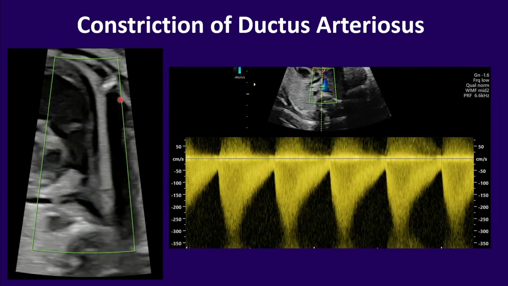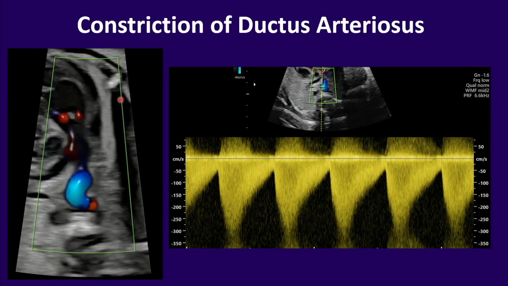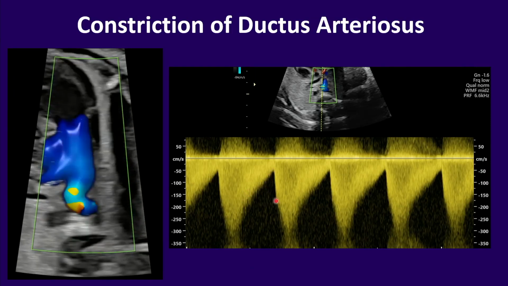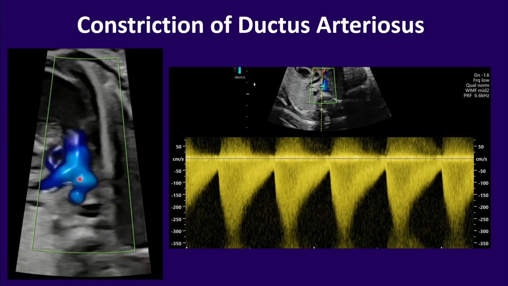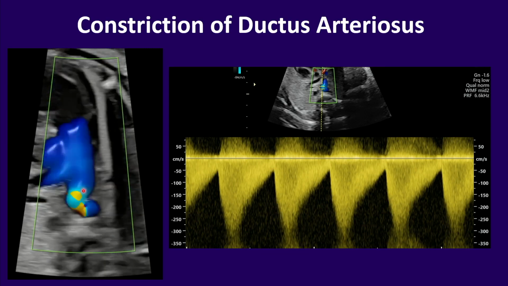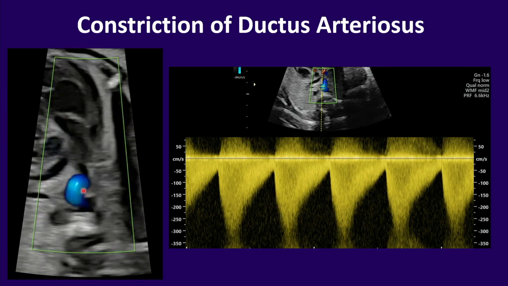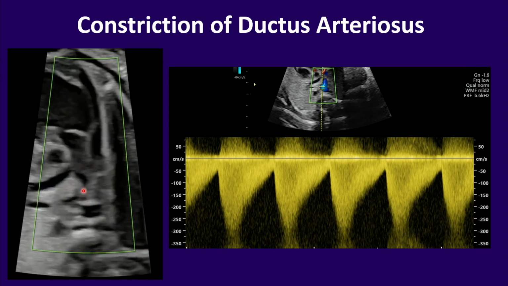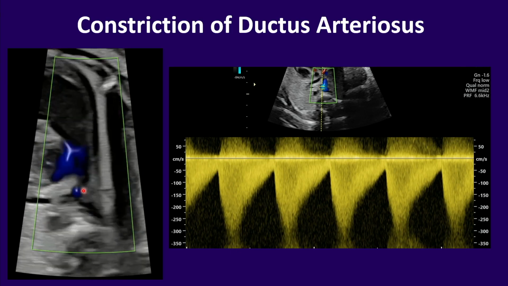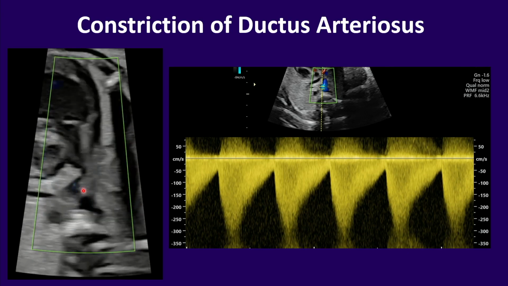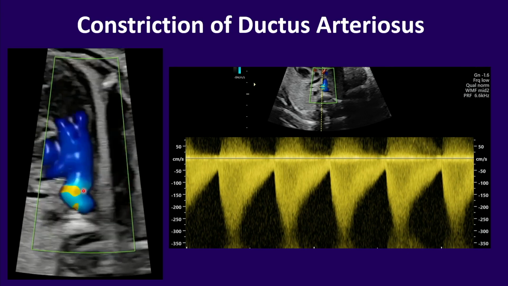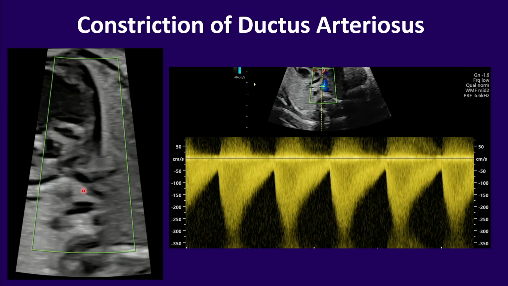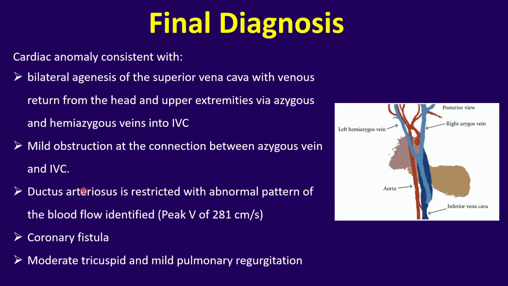Most of the time when you see something like this, pay attention to the ductus arteriosus, because in this case we were able to find the constriction of the ductus arteriosus, and it is very typical to have dilated coronaries and persistent fistulas, especially if you have obstruction of the ductus arteriosus, which based on our understanding was unrelated to what we saw with the IVC situation.